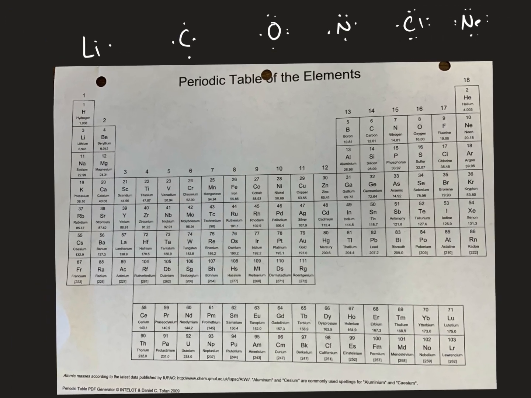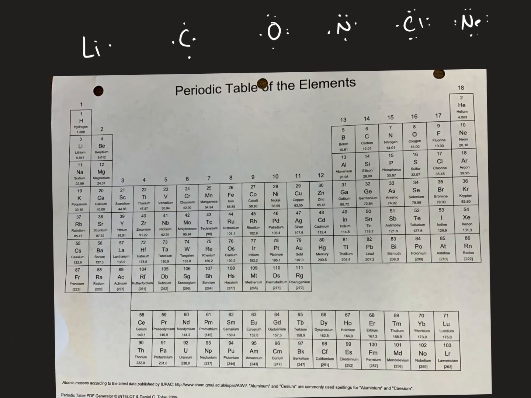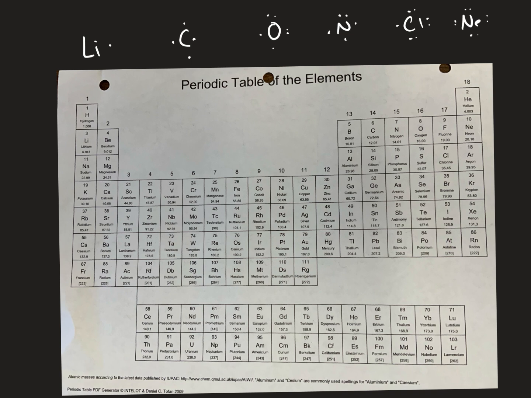Let's do a review here. Group 1 has 1 valence electron. Group 2 has 2 valence electrons. Group 13 has 3 valence electrons. 14 has 4. 15 has 5. 16 has 6. 17 has 7. 18 has 8, except for helium, which only has 2.